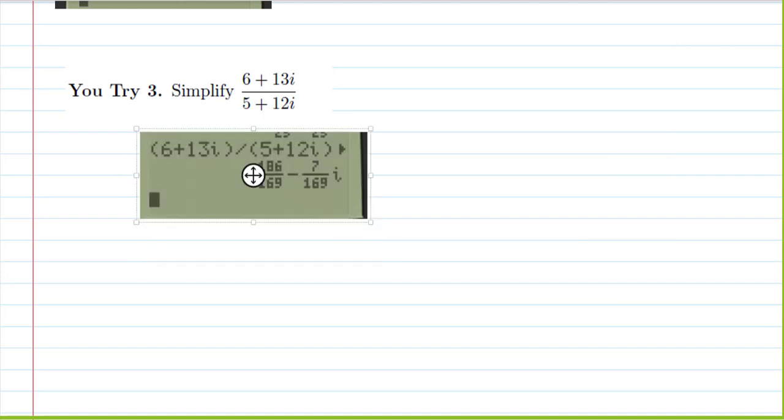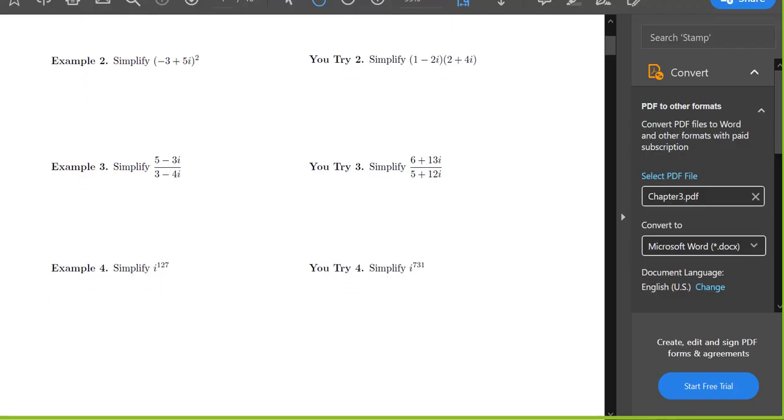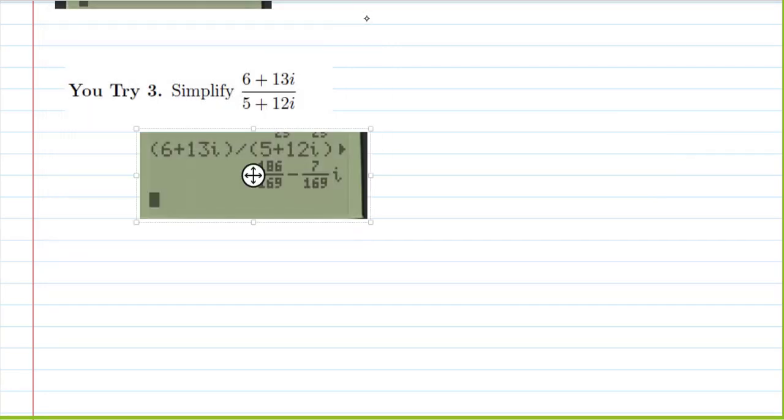All right, so the next example we want to talk about, example 4, we need to write a couple of things down before we actually start working on it.